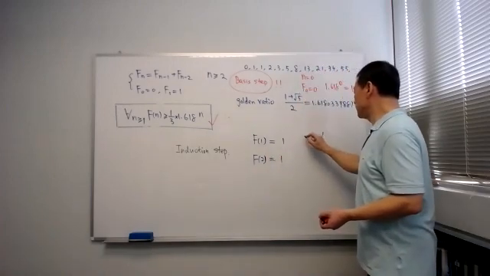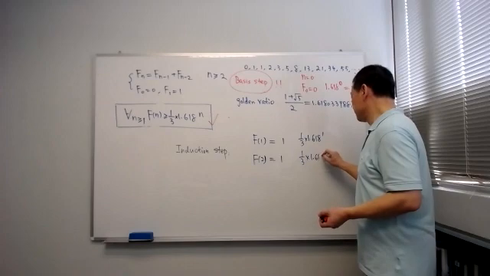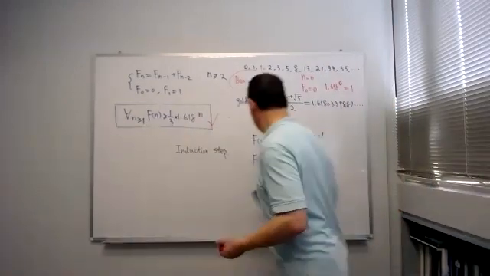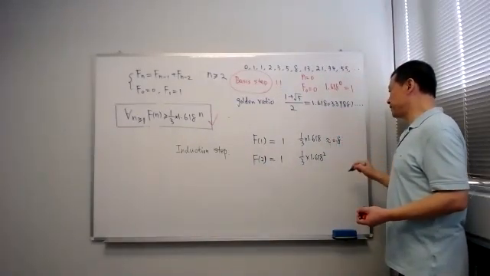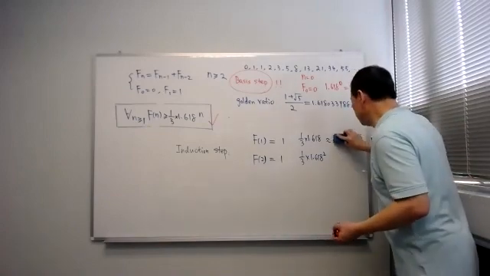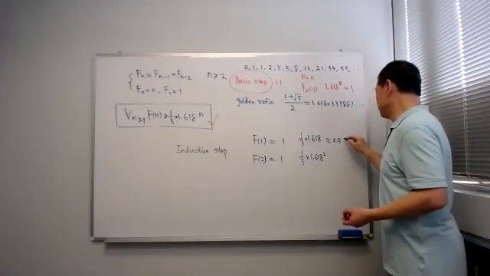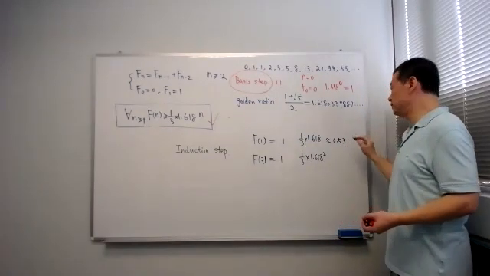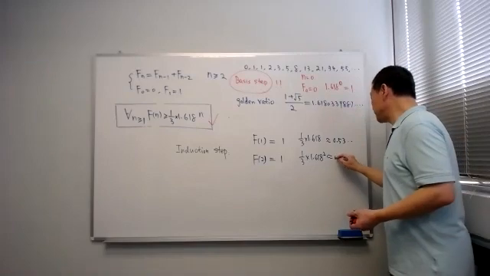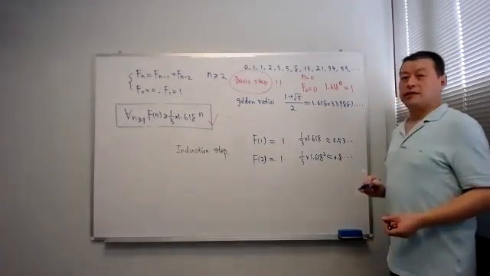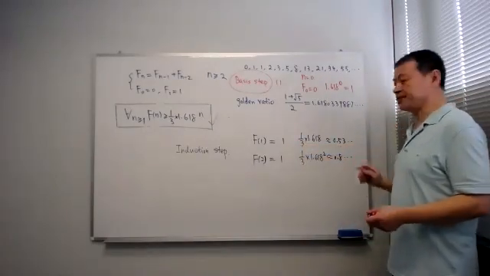Here's 1, 1/3. Here's 1, 2. This one is roughly 0.5 something, and this one is 0.8 something. Okay, now this one is no less than this one and no more than this one.